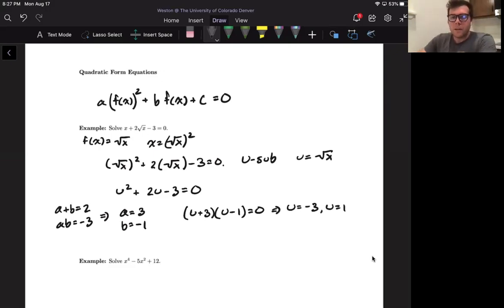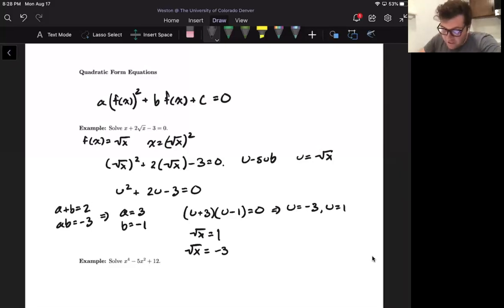All right, so we have our solution now in terms of u, but we really want a solution in terms of x. So then we resubstitute x back in. We need the square root of x to be 1, or we need the square root of x to be -3.